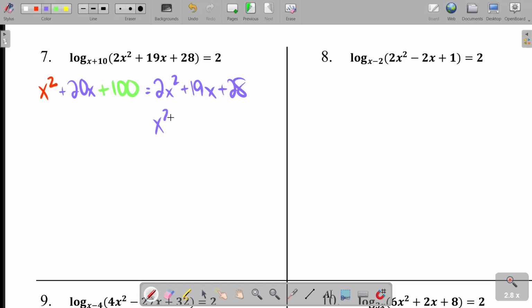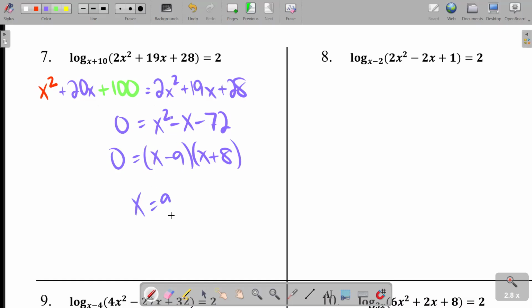So we get a positive x squared, subtract 20x, we get minus x, subtract 100, we get minus 72, set it equal to 0, and factor. Therefore, the numbers that might be answers are x equals positive 9 and x equals negative 8. And neither one of these is going to pose any problems.